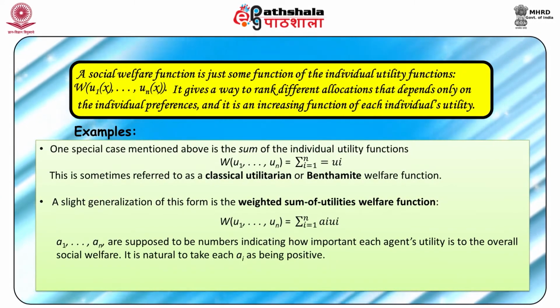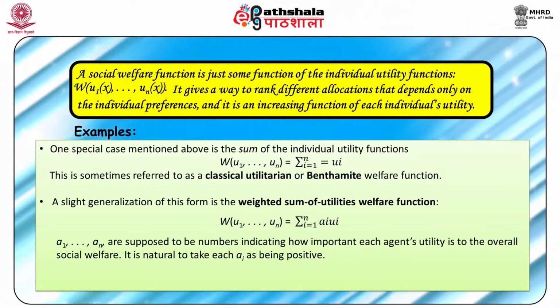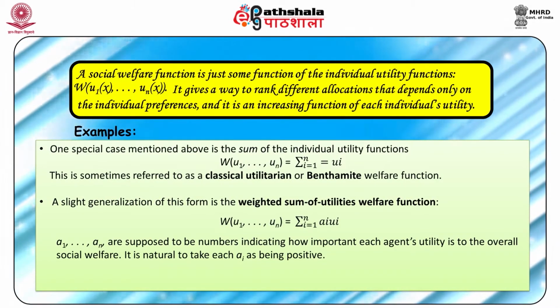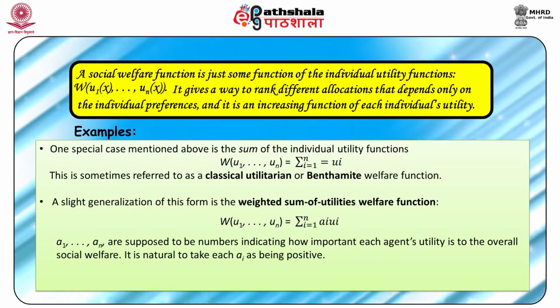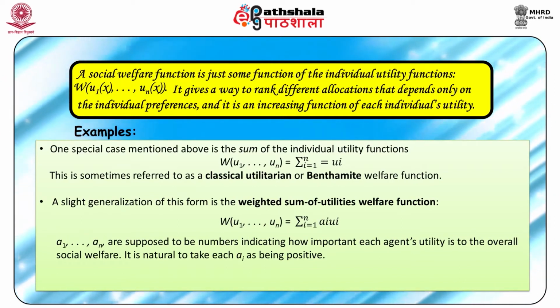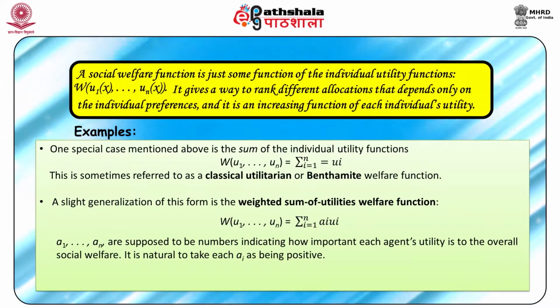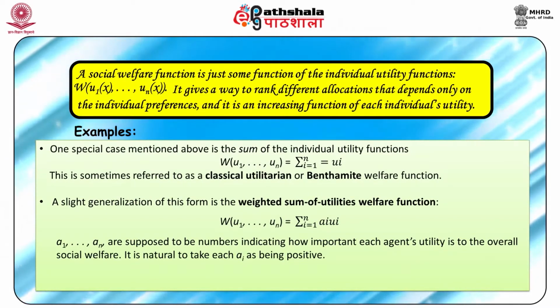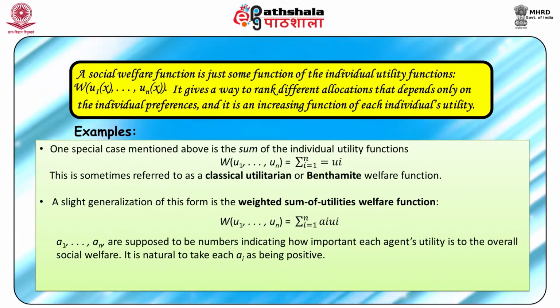A slight generalization of this form is the weighted sum of utilities welfare function, given by W(u_1, ..., u_n) equal to the sum of a_i u_i for i equal to 1 to n. Here the weights a_1 to a_n are supposed to be numbers indicating how important each agent's utility is to the overall social welfare.